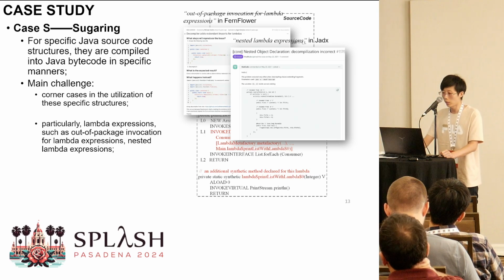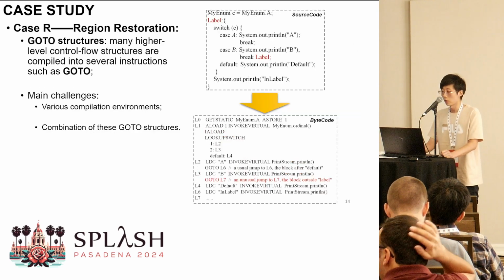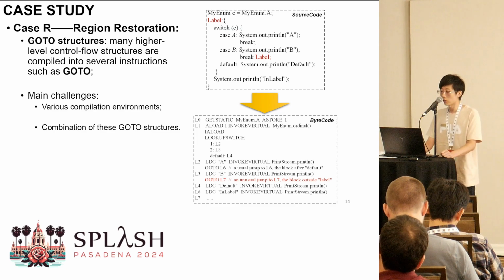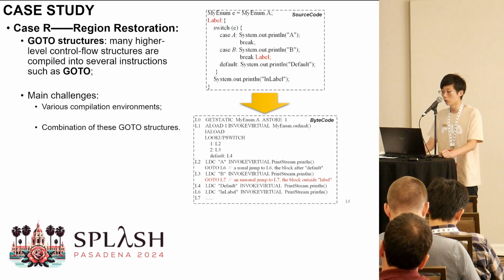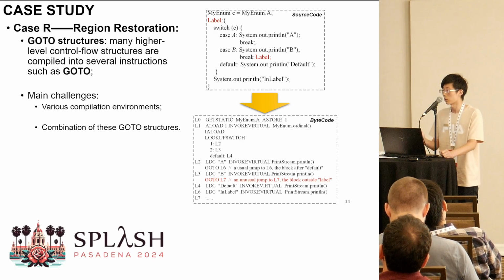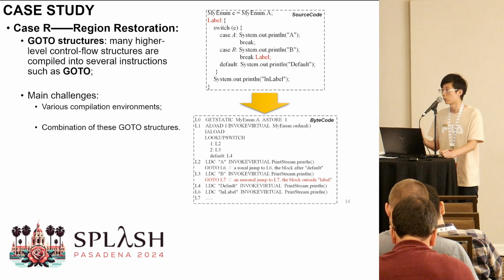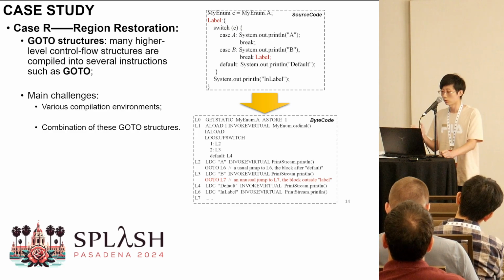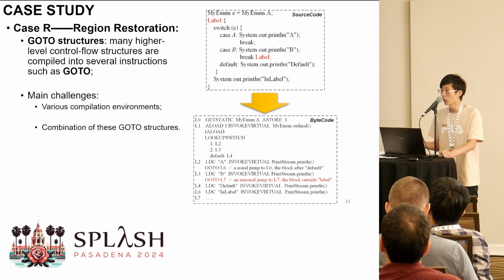The second kind of cases is related to region restoration, and we name it case R. Many high-level control flow structures in Java are compiled into several instructions, such as goto. For instance, the if or switch and the breaks can be translated into one or several jumping instructions, such as goto. Here we name them the goto structures.